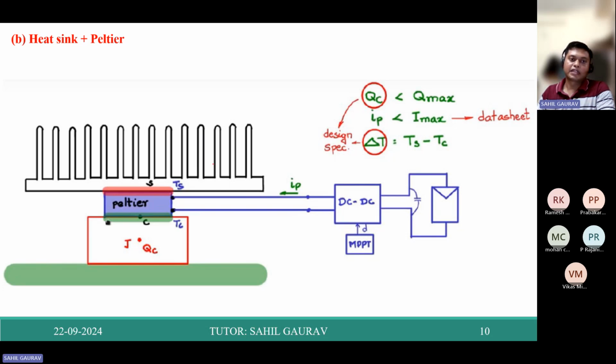Whatever amount of heat is extracted from the body by this element should be less than the Qmax provided in the data sheet, the current I being provided to this Peltier element should be less than the Imax that also comes from the data sheet, and the delta T from the hot body to the cold body should also be within the data sheet specification.